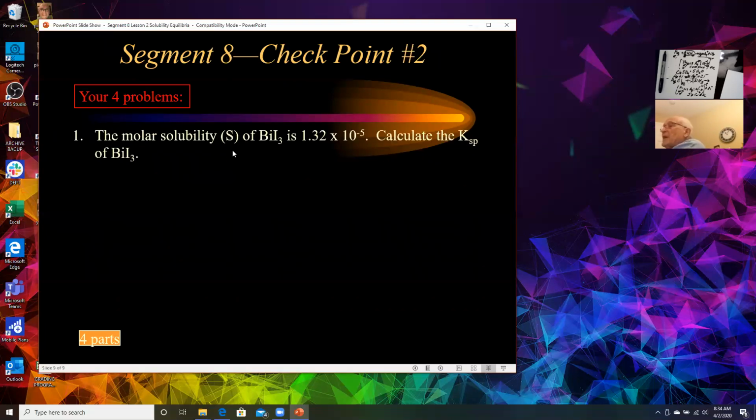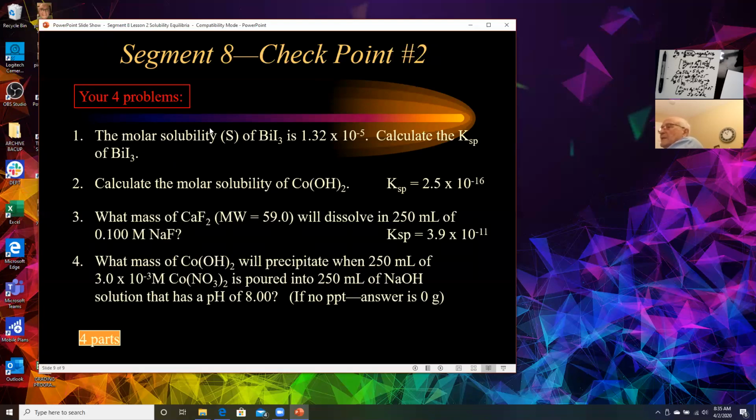Solubility of barium iodide, this is a 4 ion. So let's calculate the KSP. This is your checkpoint problem. Work these out, and be careful. This is going to be barium plus 3 and 3 iodide ions is what it's going to form.